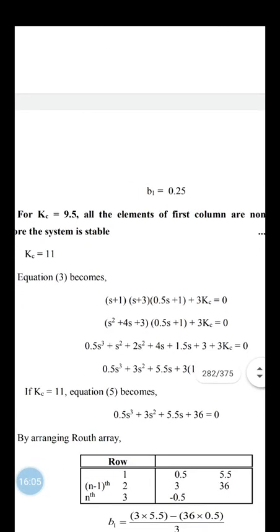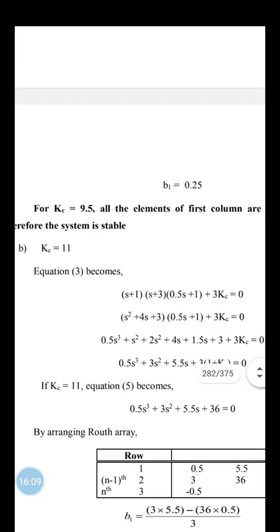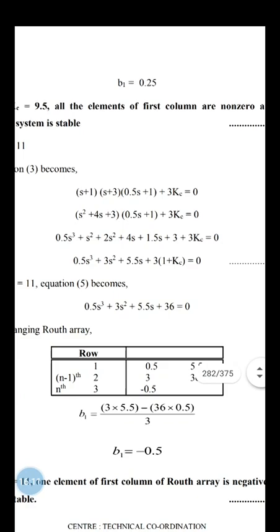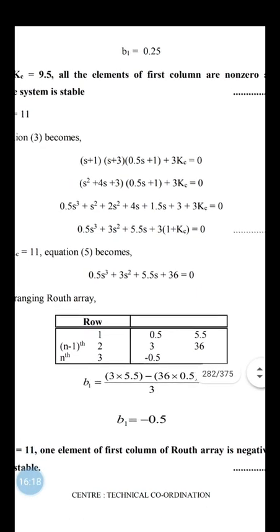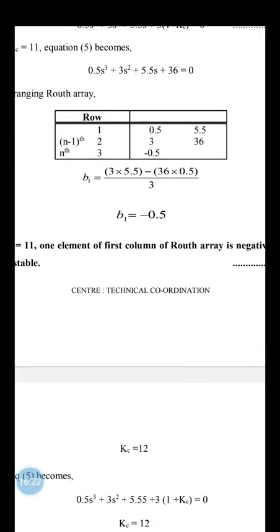Equation 3 becomes, when Kc is equal to 11, this equation, and you get 0.5 s cube plus 3 s square plus 5.5 s plus 36 equal to 0. Again this is arranged in the first two rows: 0.5, 3, 5.5, 36, and then the value of b1 is found. How is b1 found?